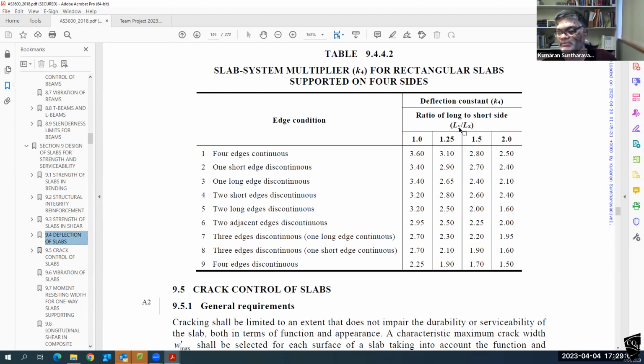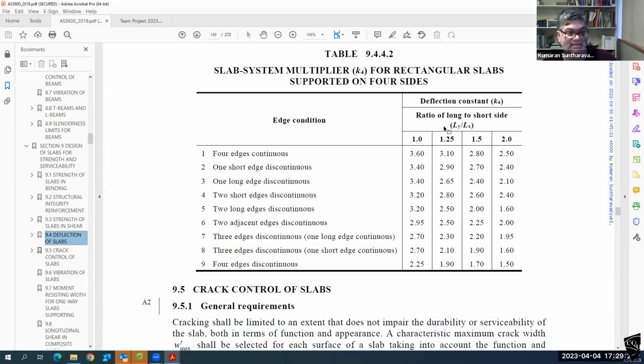I'm talking about panels, not the whole slab. Effective span is the minimum of Ln plus D, and L.